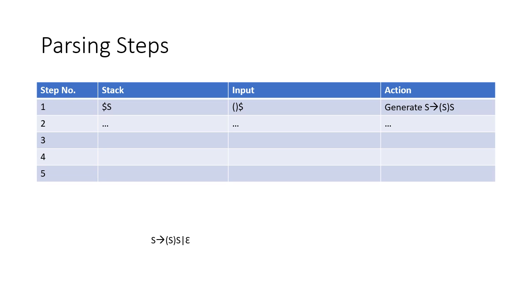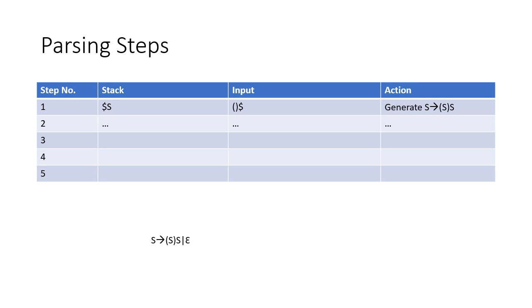You can see one special symbol here, $. Dollar is the symbol which we use at the bottom of the stack. The first element in the stack is the $. This is followed by the symbol S, which is the start symbol. We keep on pushing elements to the stack, and you can see the contents of the stack from this column.